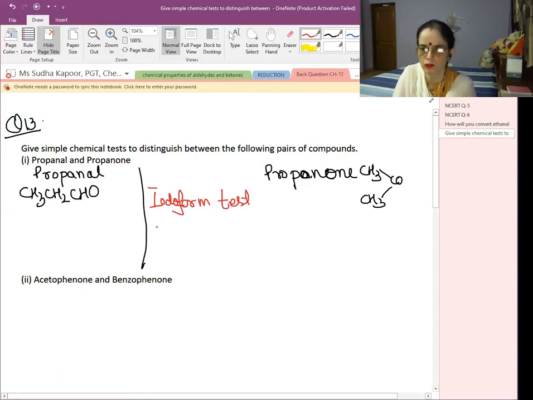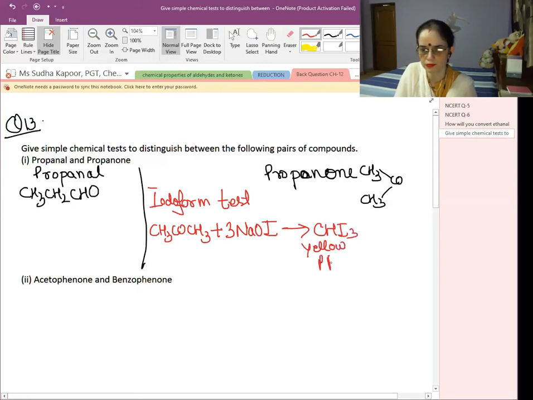So starting with the iodoform test, if we have taken CH3COCH3, that is the propanone, and adding 3NaOI, that is the sodium hypohalite, to it, we will be getting CHI3 in the form of the yellow PPT, as it is having the methyl ketone, which used to give the iodoform test.